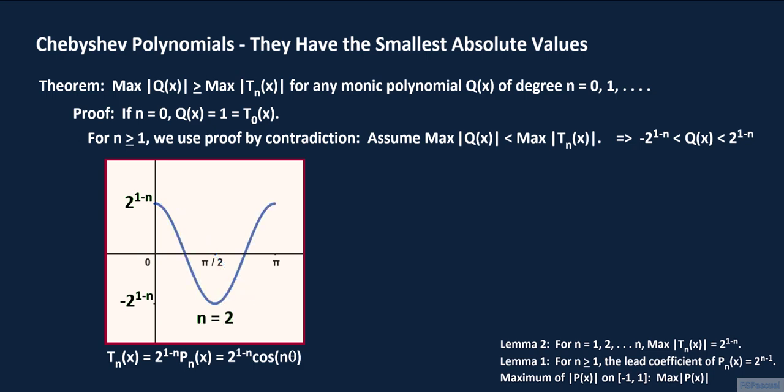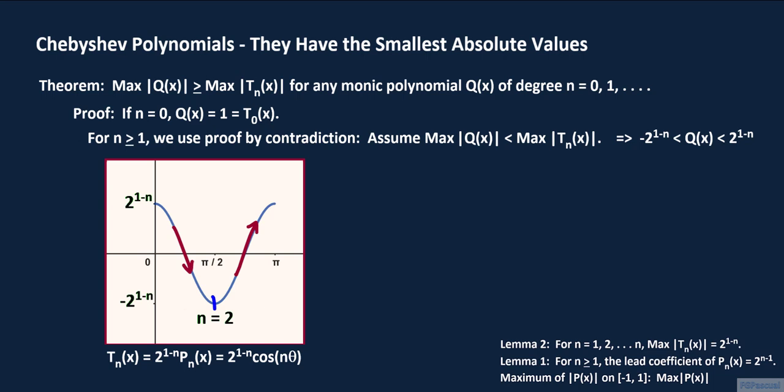On screen is the graph of t sub n of x, where n is equal to 2, and so we have a full cycle on the interval from 0 to pi. On each half cycle, the graph either goes monotonically from its highest point, where y is 2 raised to the 1 minus nth power, to its lowest point, where y equals the negative of 2 raised to the 1 minus nth power, or it goes monotonically from an absolute minimum to an absolute maximum.